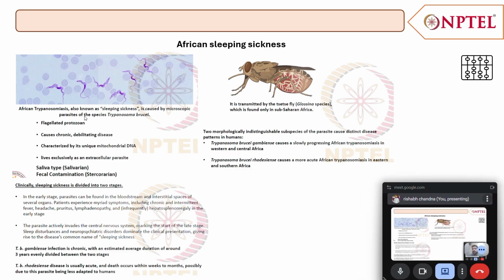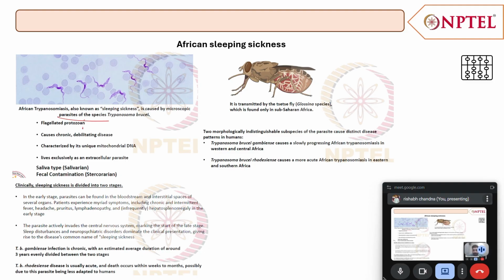Okay, so African trypanosomiasis, also known as sleeping sickness, is caused by a microscopic parasite, Trypanosoma brucei.